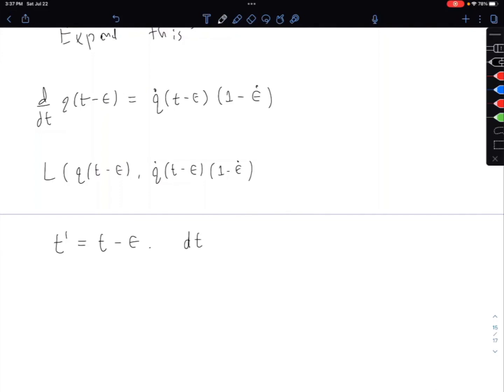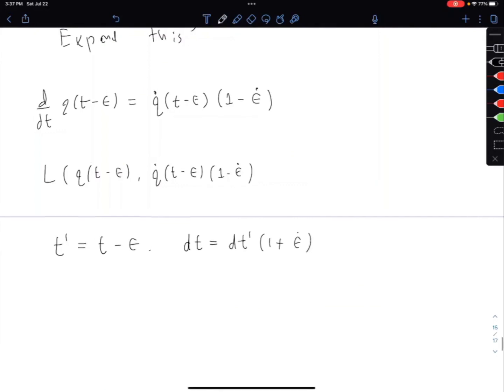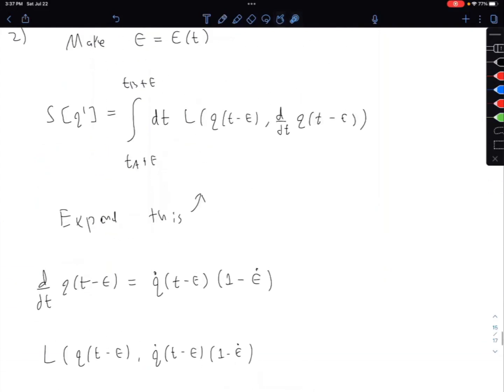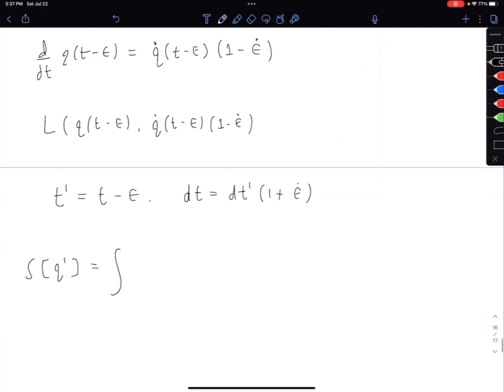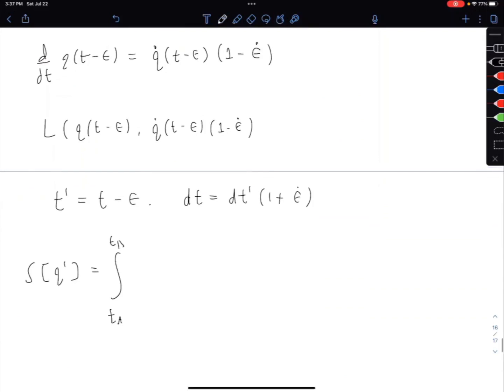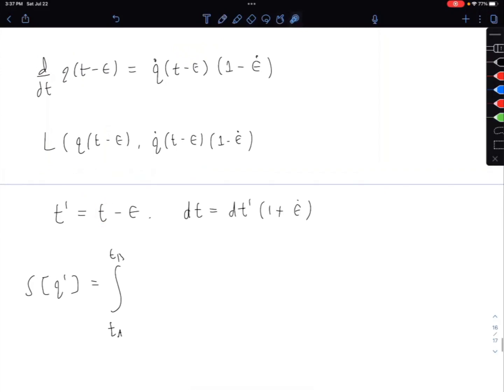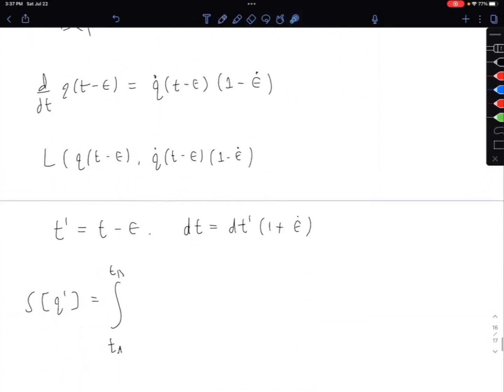So my new variable, t prime, is going to be t minus epsilon, and that means that dt will be dt prime times 1 plus epsilon dot. Then I substitute this into my integral, so S of Q prime is going to be the integral from ta to tb, because when t is equal to ta plus epsilon, it's ta plus epsilon minus epsilon, which is just ta.